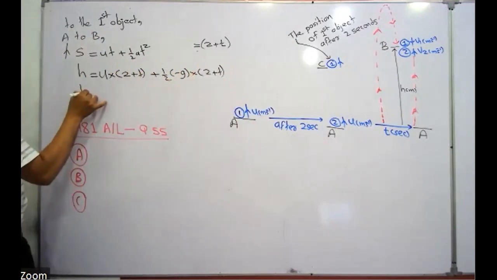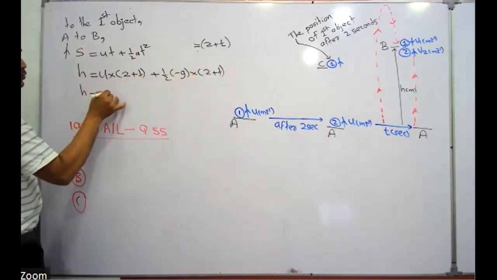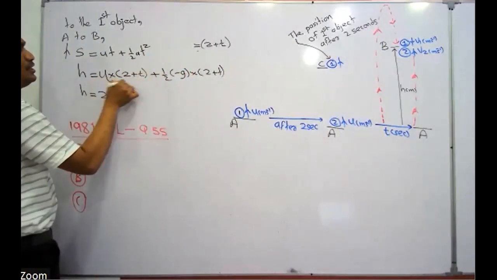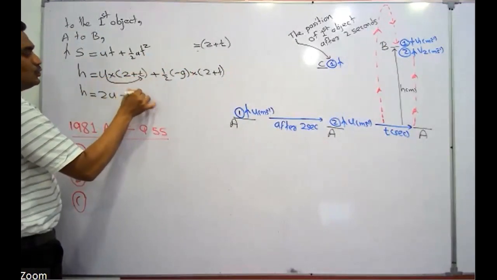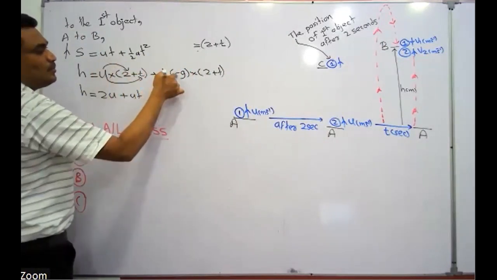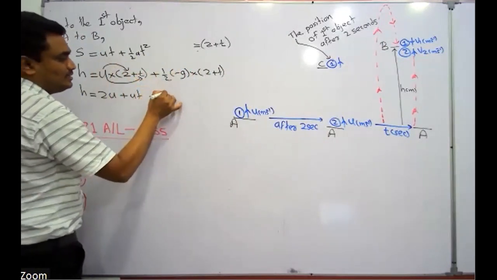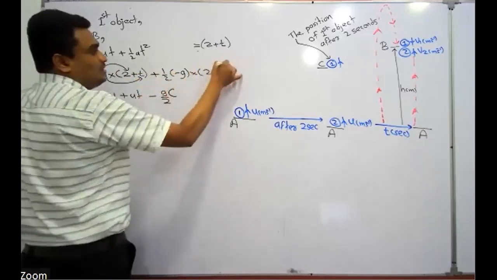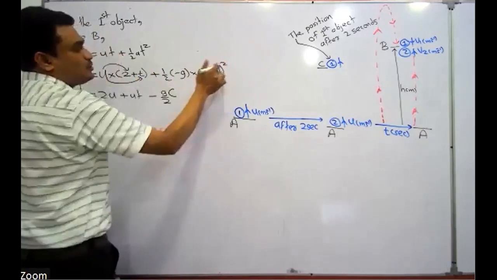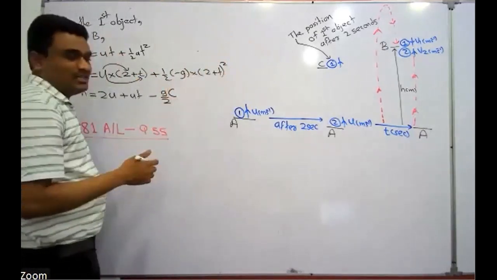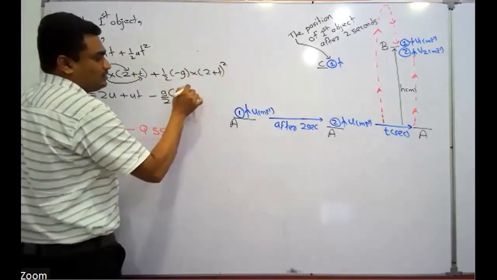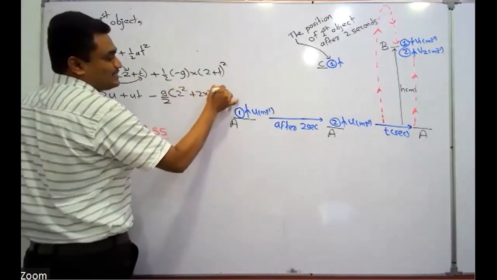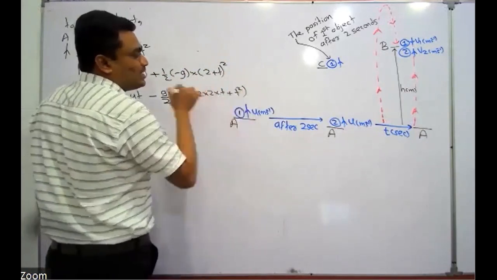Now look at both here. H equals u into 2, that is 2u. Then u into t is ut. Minus g over 2 into (2 plus t) square. That is like (x plus y) square, so this is x square plus 2xy plus y square.